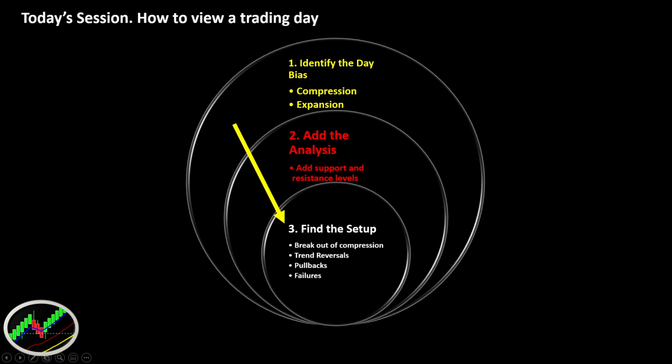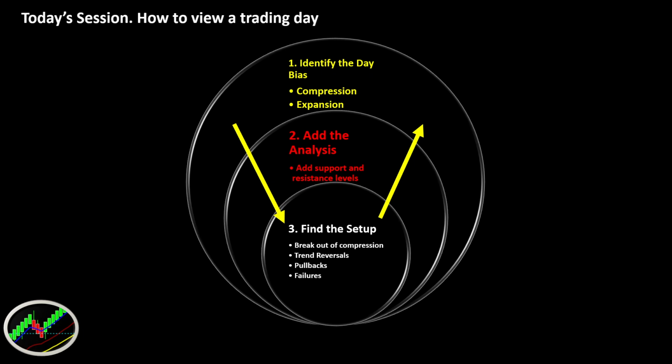Basically what you have to know is that you go this way: you first identify the day, then add the analysis, and then find the setup. Once you find a setup, you do it the opposite. The right setup needs to be in the right analysis.